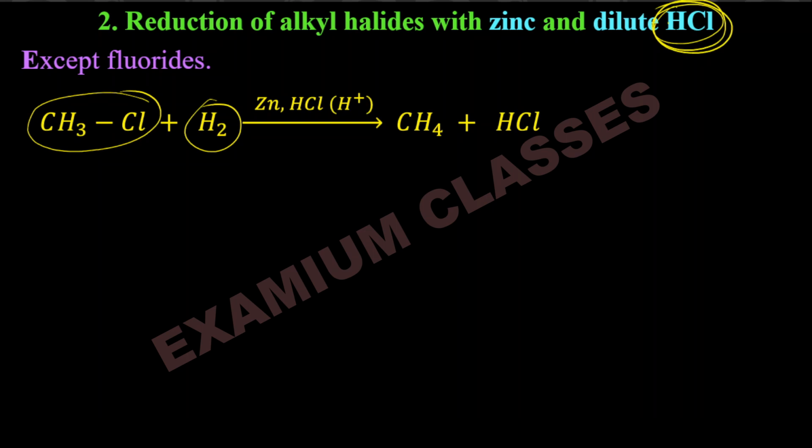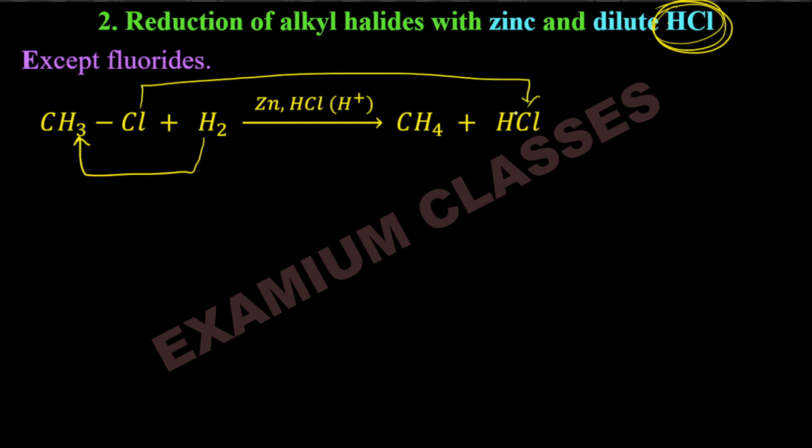Again, one hydrogen atom replaces chlorine. Why are we calling it reduction? Reduction is either addition of hydrogen, an electropositive element, or removal of an electronegative element. So that's what's happening here. Chlorine is going away, and chlorine is getting attached to the remaining hydrogen.